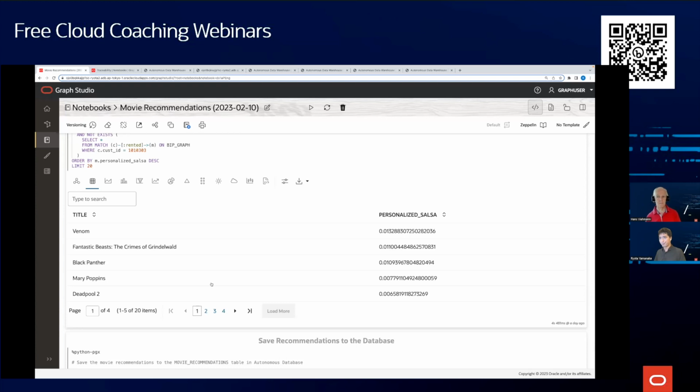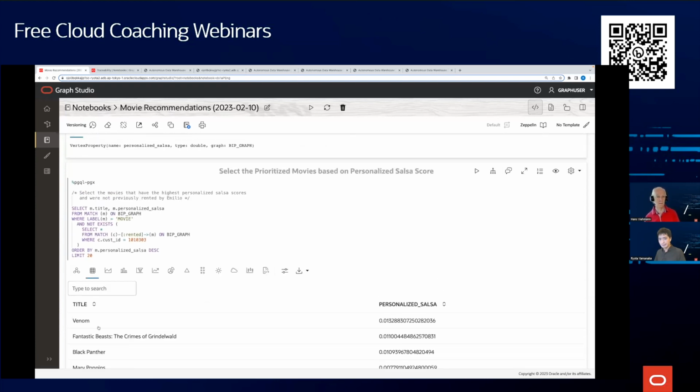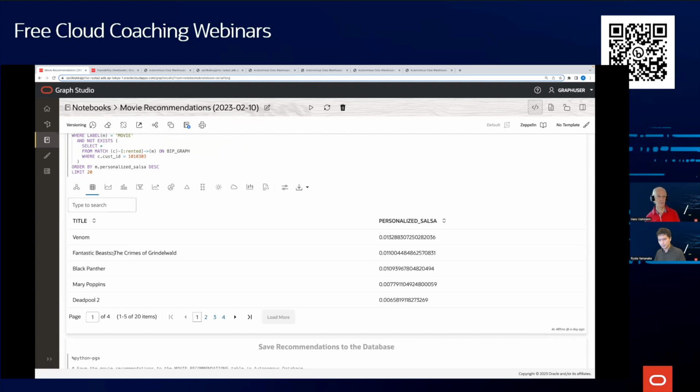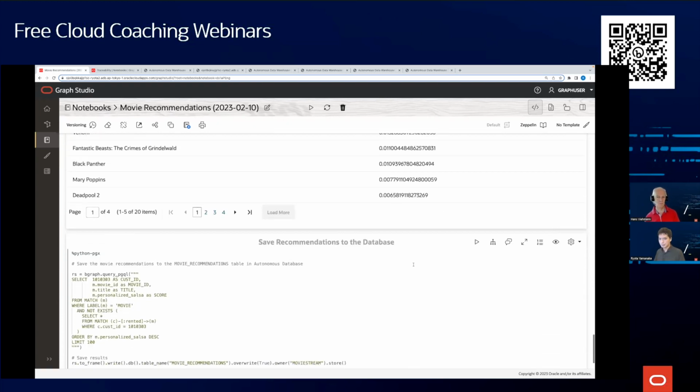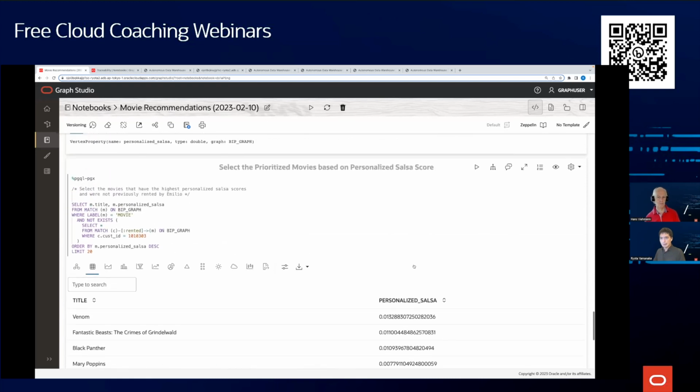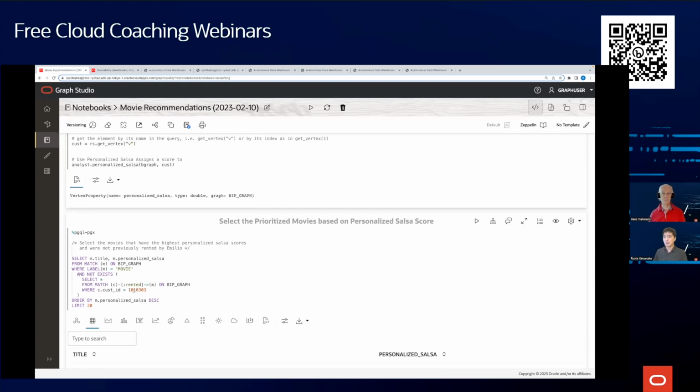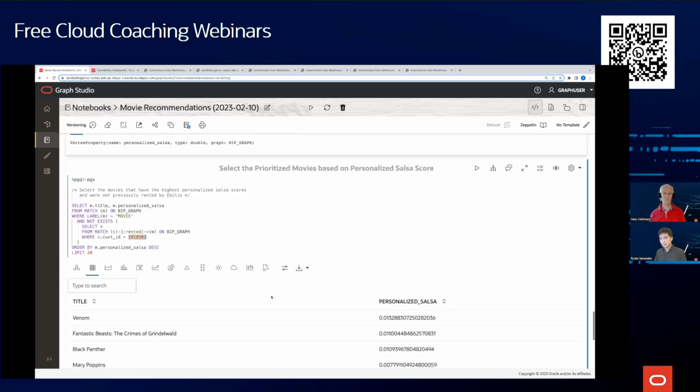And then we can have a list of movie titles with larger personalized SALSA scores. In this case, we can run this algorithm against one particular customer with this ID, so that we can get a list of movie titles with higher scores.